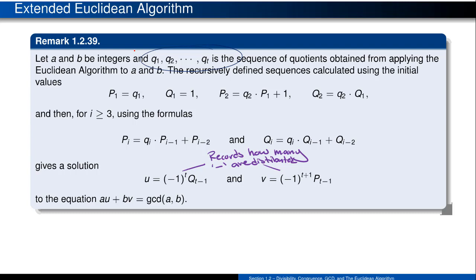So T is recording how many steps I had to do. And then I'm going to fix that little term with the P's by stuffing a -1 to the T plus 1. And then on the Q1, it's going to be 1 less, so that these two things are always going to be flip-flopped negative signs of each other.